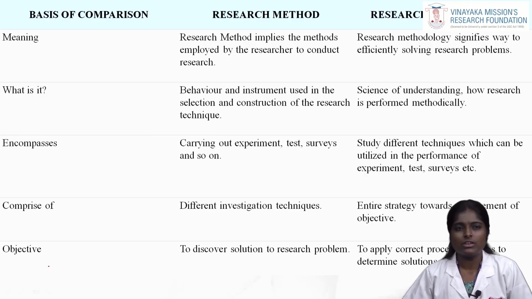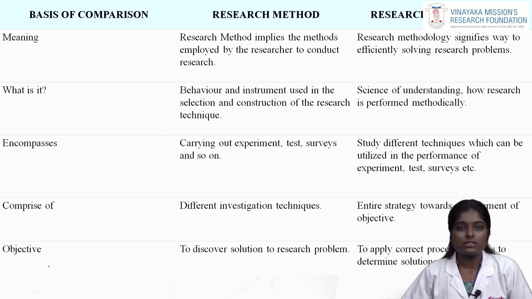So basically we have come across two terms, research method and research methodology. There is a slight difference between these two. Firstly, the meaning of these two. Research method implies the method employed by the researcher to conduct the research, but methodology signifies the way to efficiently solve a research problem.